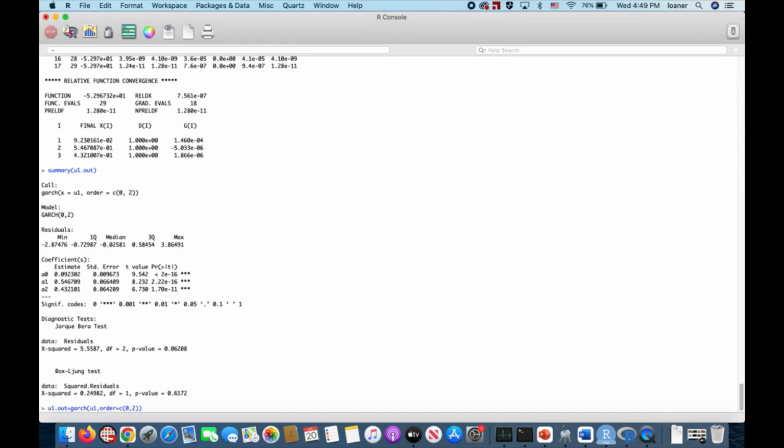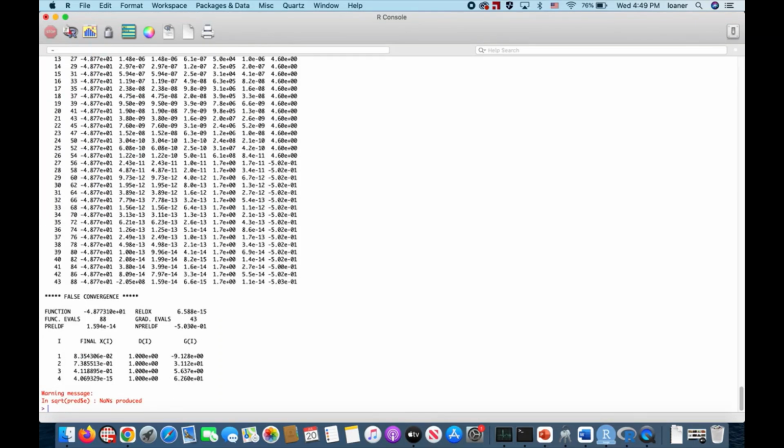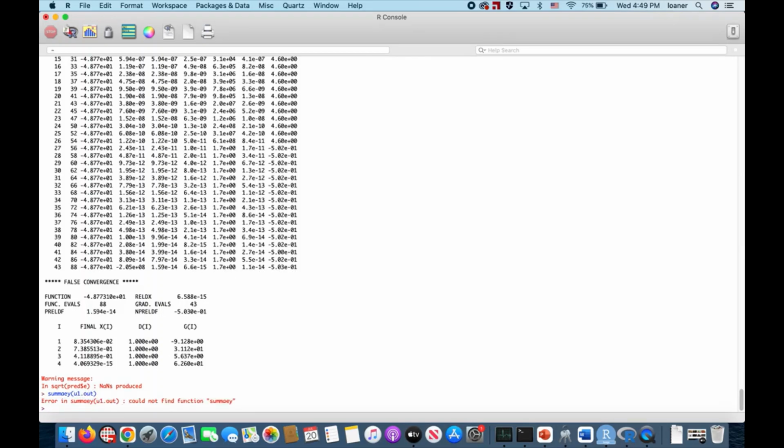So let's just see what would happen if we said, okay, well, let's model this as an ARCH3 model. Okay, I'm messing up here, but let me try it again.